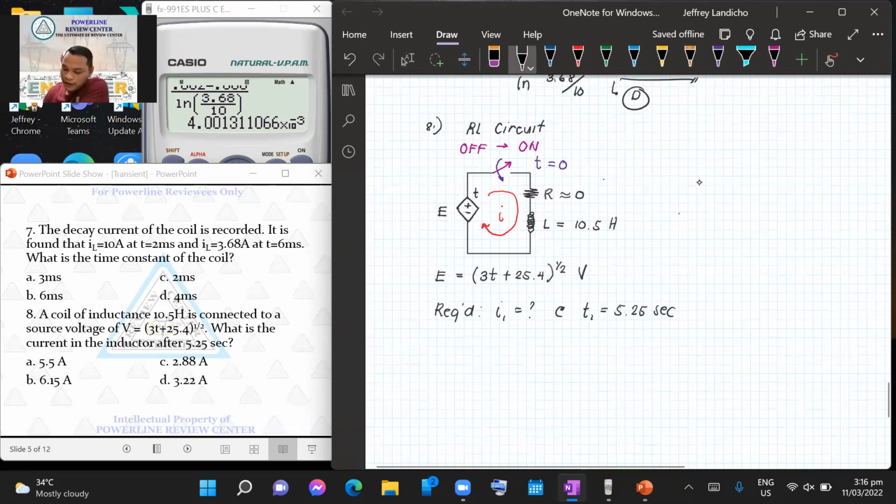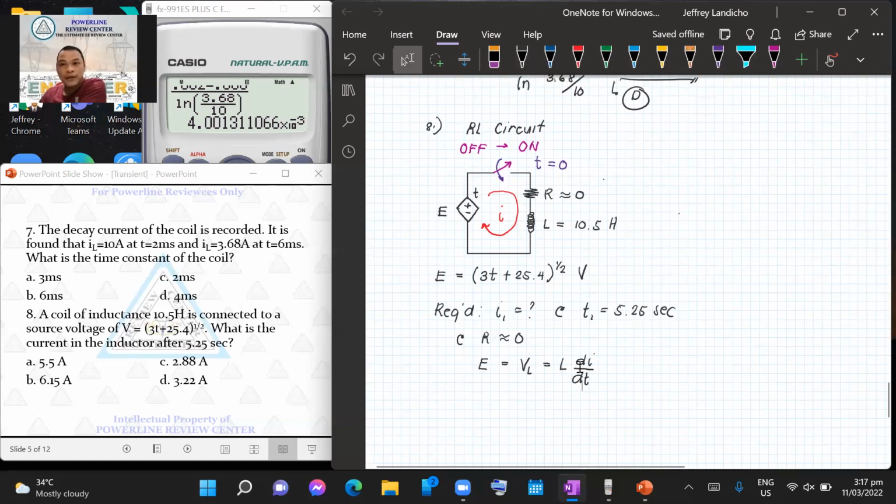So at R approximately 0, lumalabas that the source voltage E in the given circuit is only equal to the voltage drop across the inductance. Okay? So ano ba ang voltage drop across the inductance? Alam natin, that is L di over dt. So ayun yung hinahanap natin.